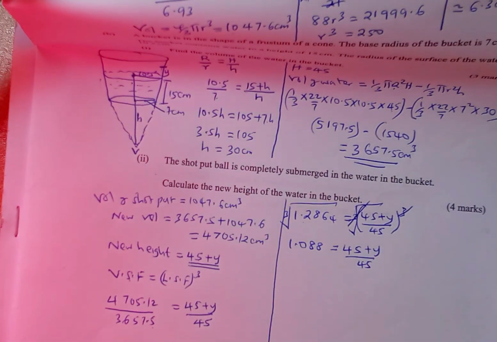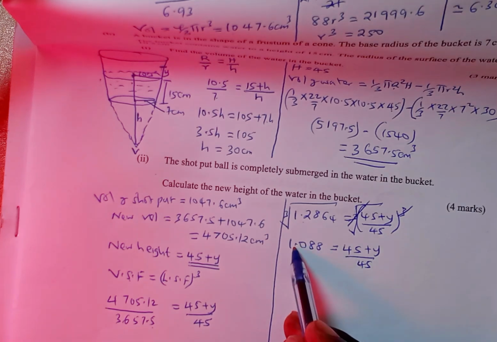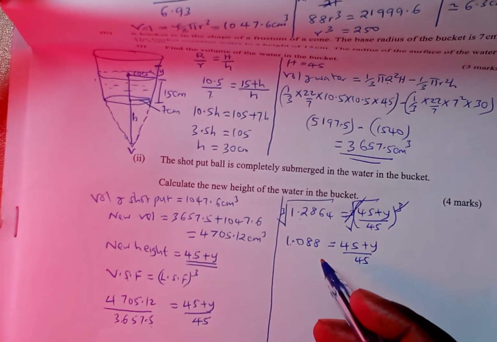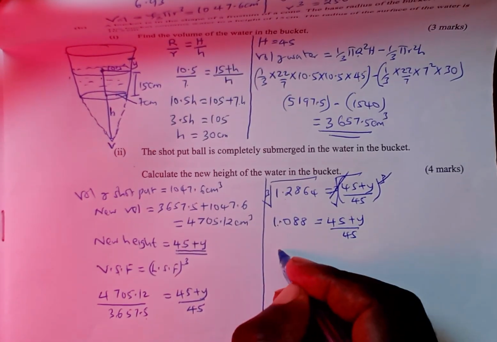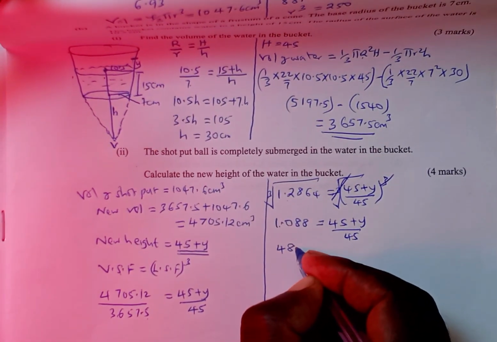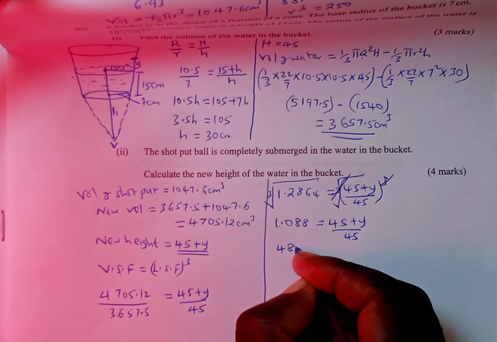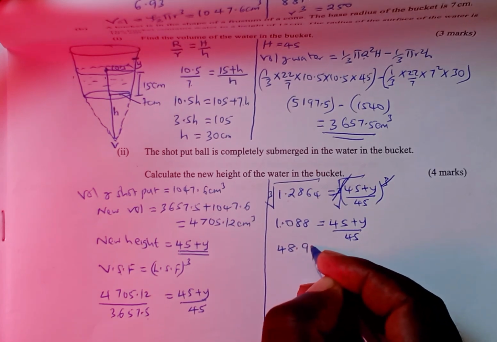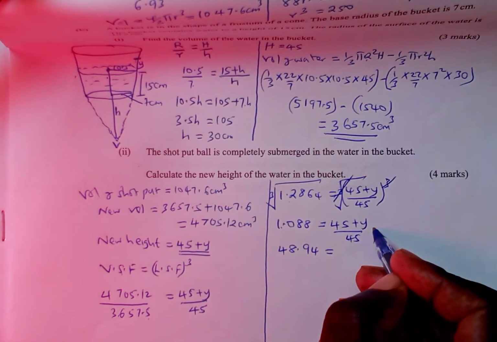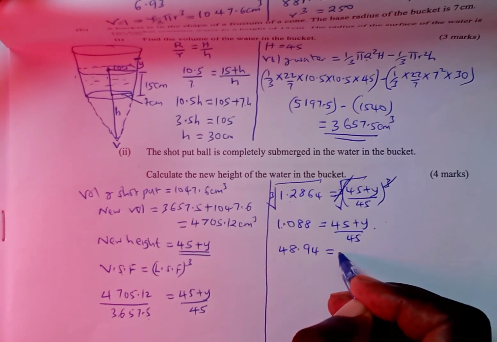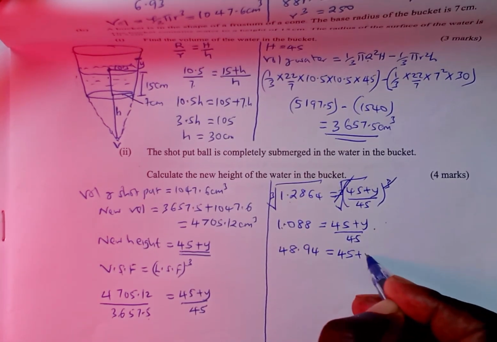If you cross multiply, that is 45 times 1.088, we are going to get 48.94 being equal to, remember, times 45, and 45 will cancel, such that we have 45 plus y.